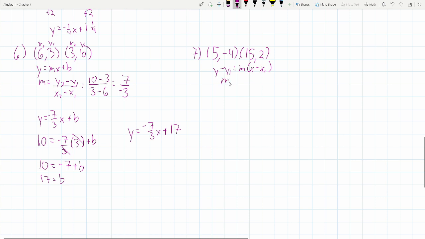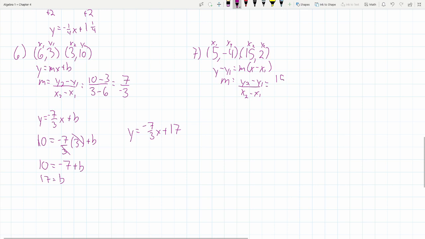First thing I need to figure out is my slope. So m equals y2 minus y1 over x2 minus x1. I kind of want this big 15 to be my x2, so I'm going to call this x1, y1, x2, y2.